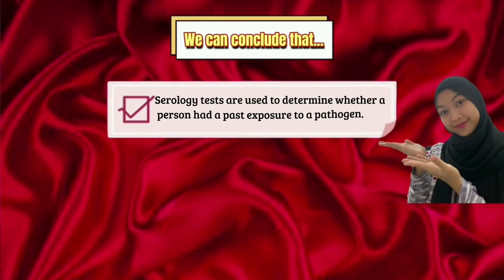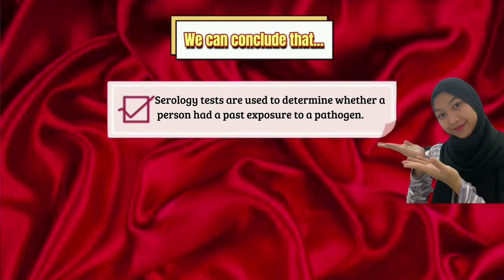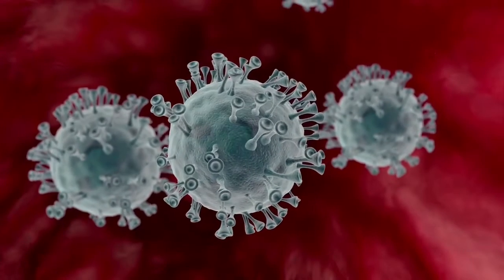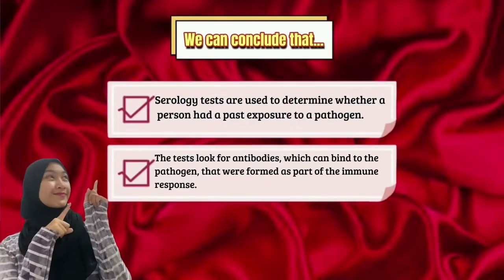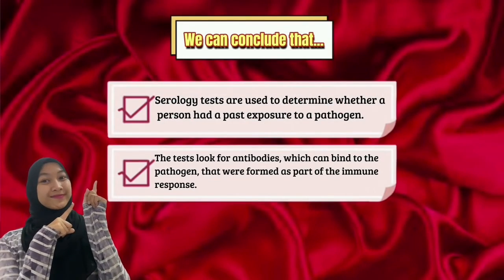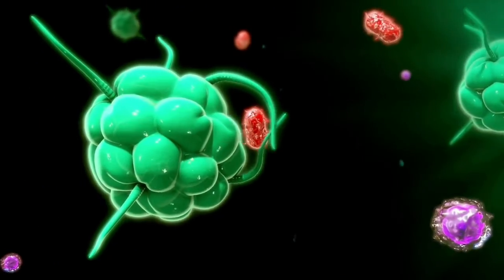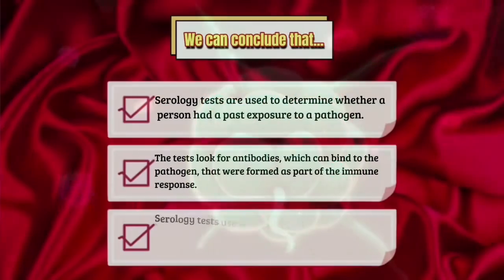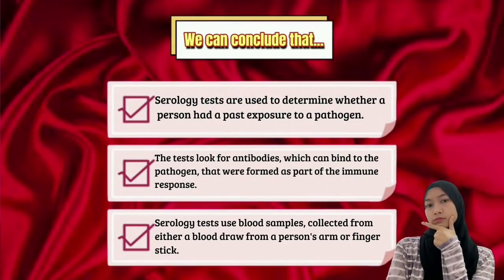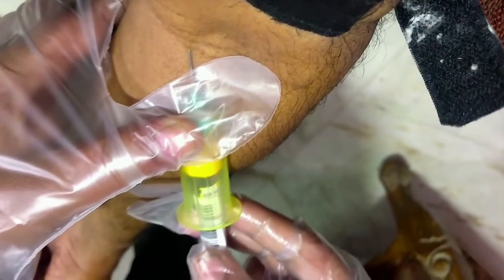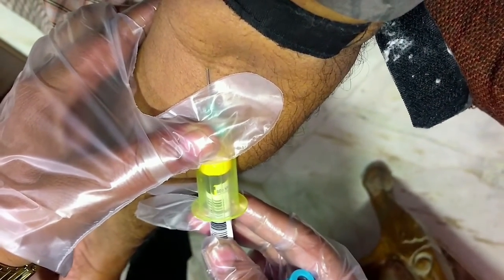Throughout this video, we can conclude that serological tests are used to determine whether a person had a past exposure to a pathogen. The tests look for antibodies which bind to a pathogen and form as part of the immune response. Serology tests use blood samples collected either from a blood draw from a person's arm or a finger stick.